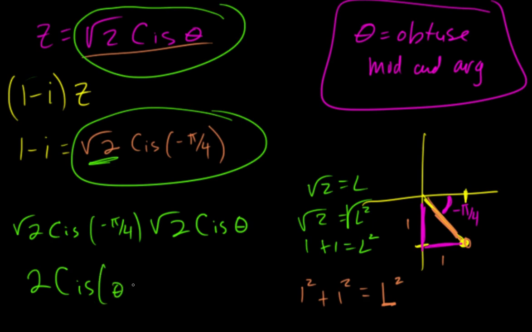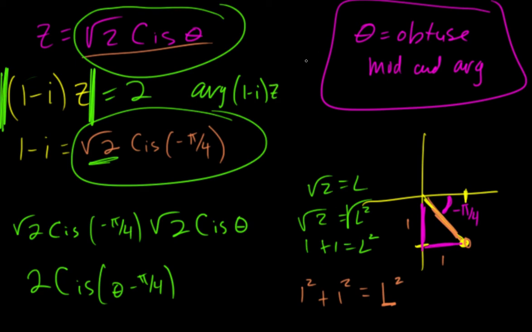So theta minus pi fourths, and that's going to be our final form. And so to get the modulus of this, it's just going to be 2. And then the argument of 1 minus i times z is going to be equal to theta minus pi fourths.